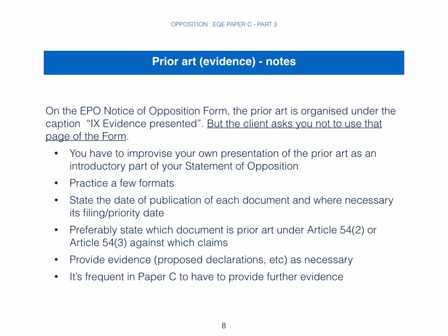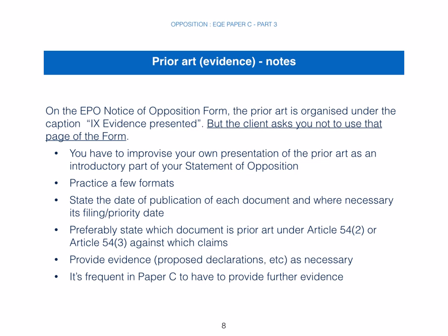The supplied copies of the cited documents actually constitute evidence of the facts you introduce. In addition, you are expected to provide evidence in the form of declarations and witnesses and so on. It's frequent in paper C to have to provide further evidence.